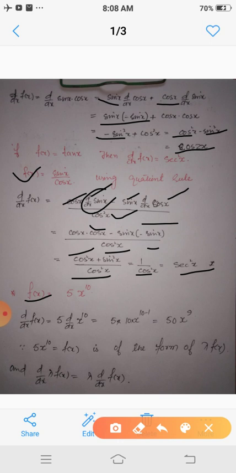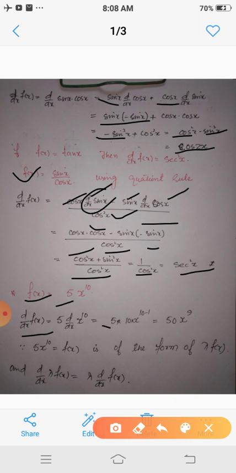Now the last one is f of x is 5x raised to power 10. Here 5 is a constant, so f is the scalar multiplication of lambda, that is 5, and x raised to power 10. Using this, d by dx of f of x is 5 d by dx of x raised to power 10, because lambda is constant, it comes out of this differential.